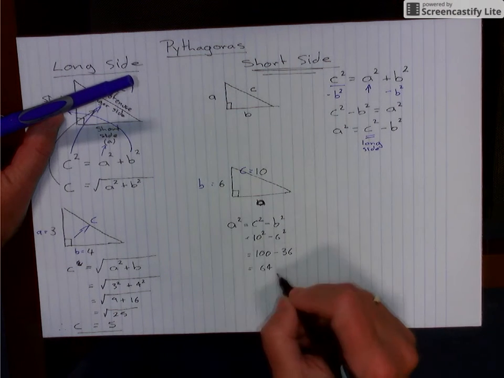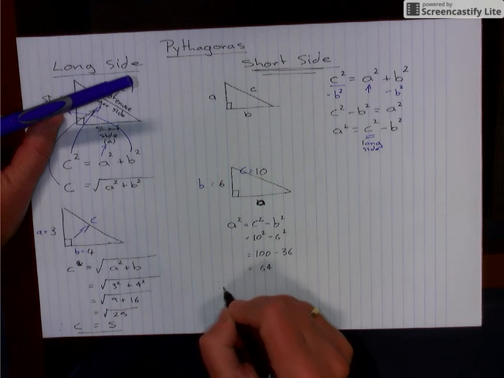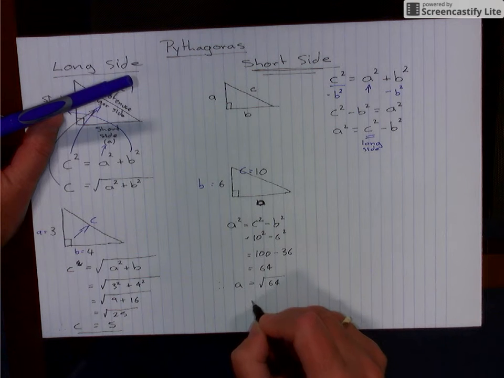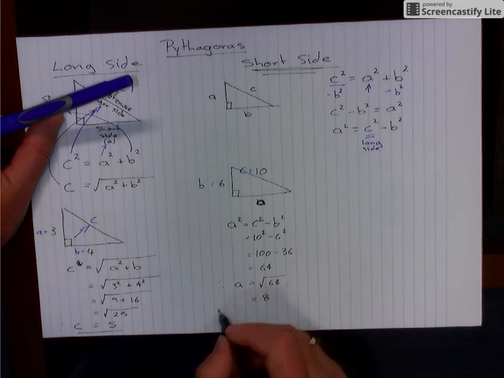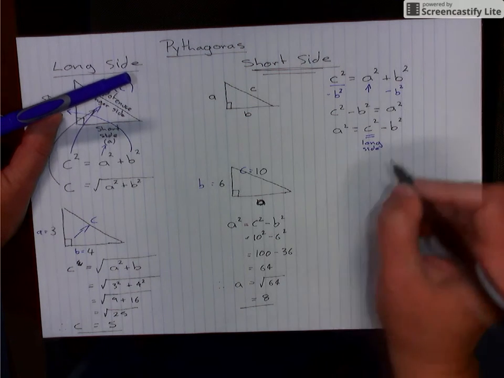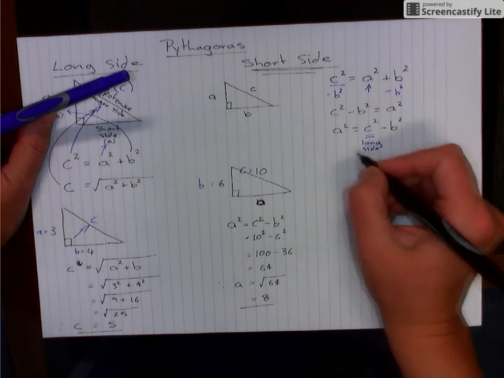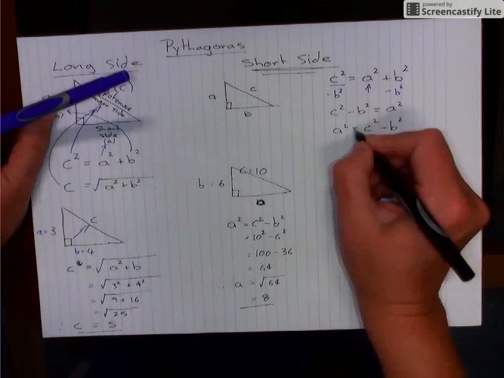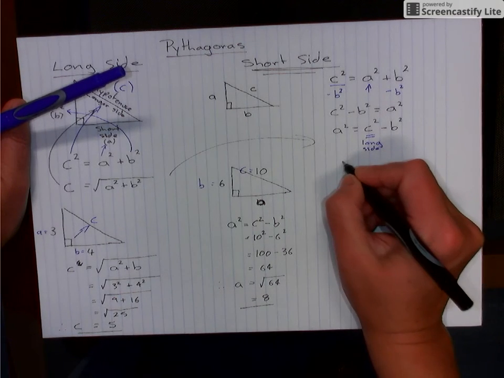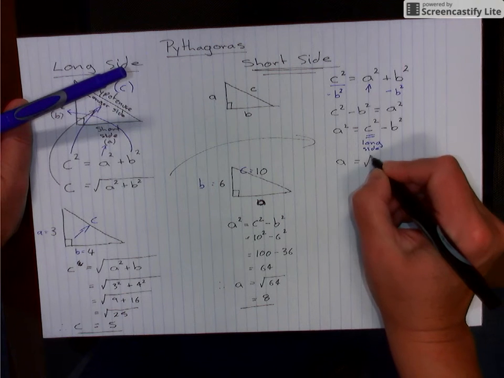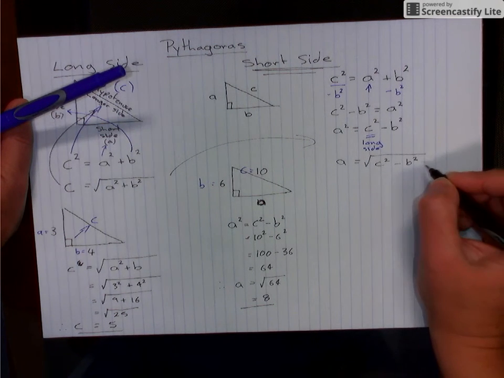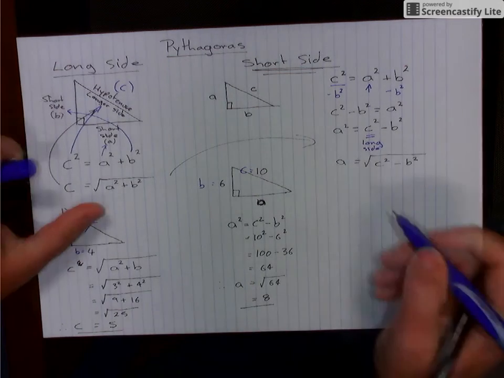So A squared equals 64, therefore A is equal to the square root of 64. So A is equal to 8. Okay, 8 times 8 is 64. That's our answer. We could have rearranged this equation to get rid of the squared, like we did over here. To do that, we end up with A is equal to the square root of C squared minus B squared. This is a good formula to use as well.